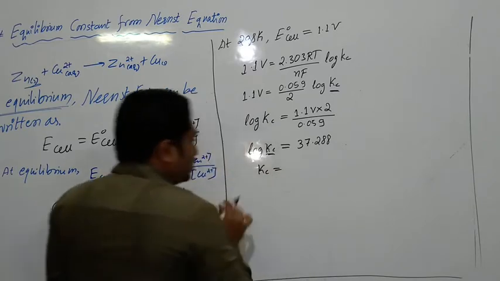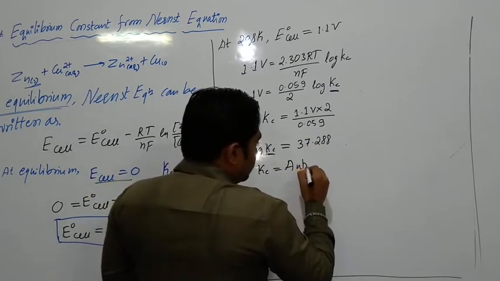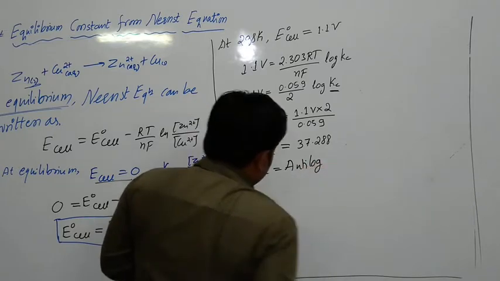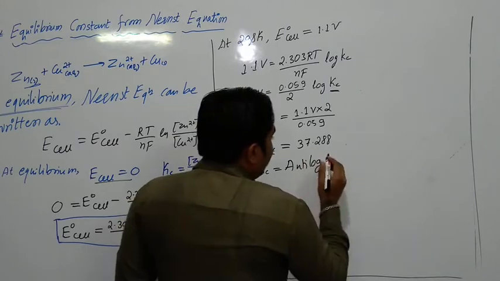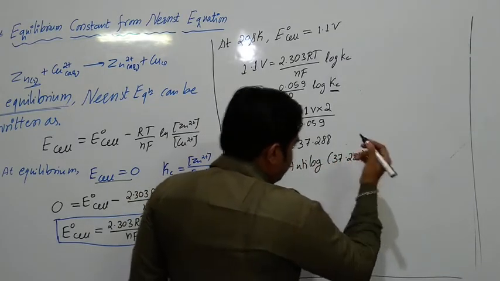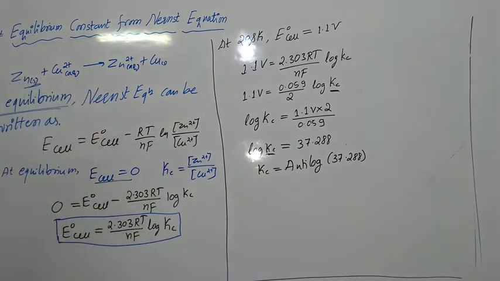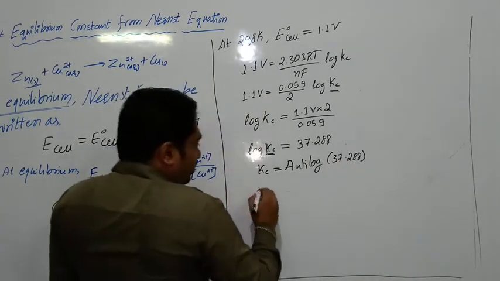Kc is equal to what? If log comes to this side, it becomes anti-log. Now we have to calculate the anti-log of 37.288. To calculate the anti-log of this number, I will give a simple trick.